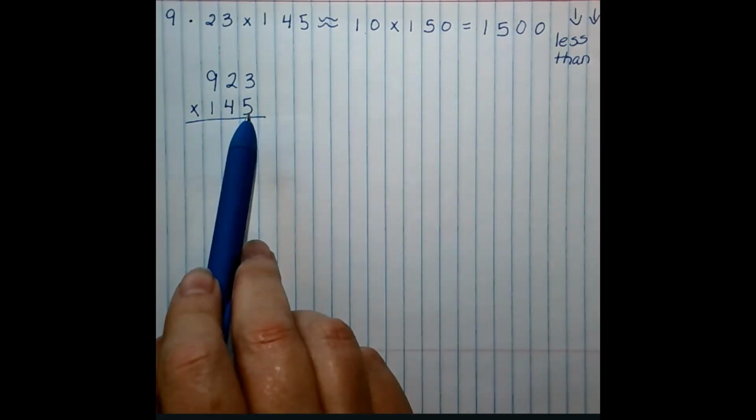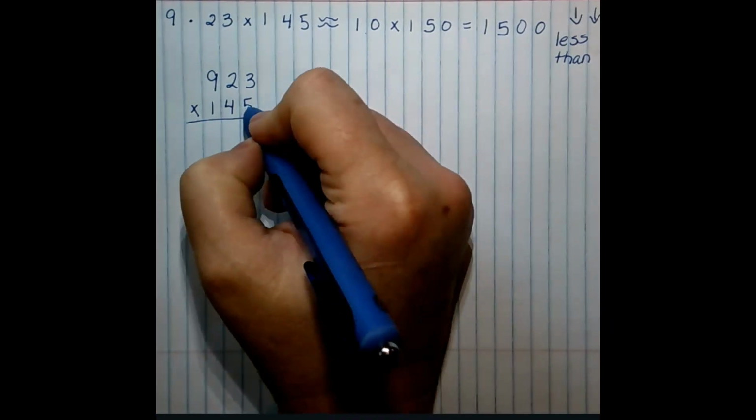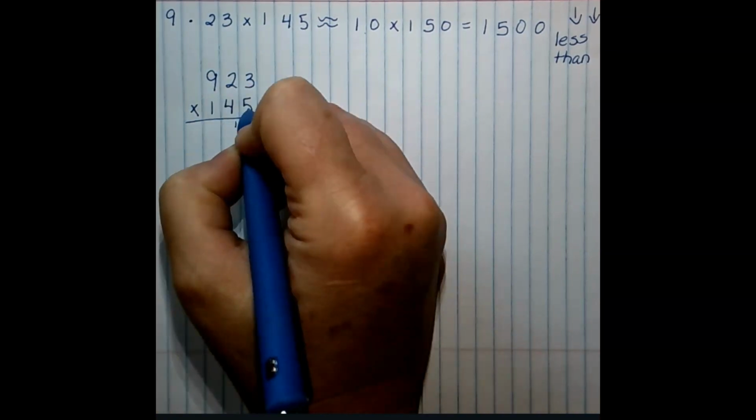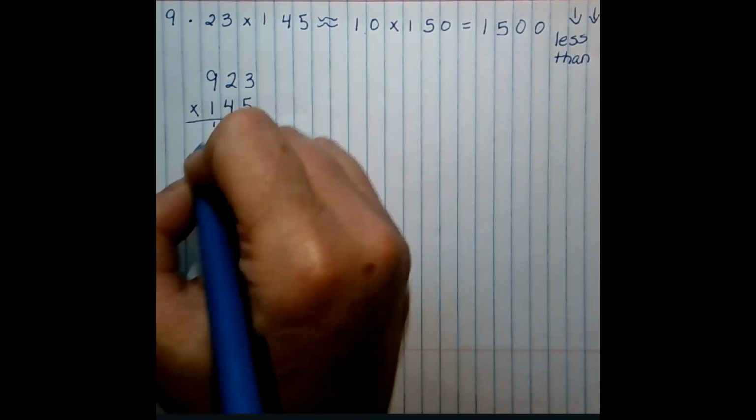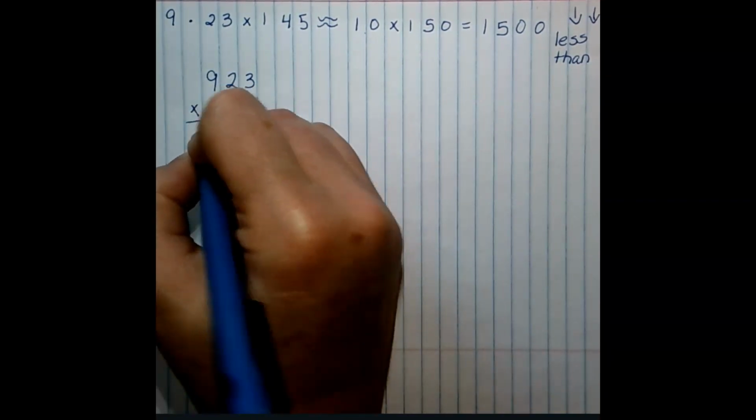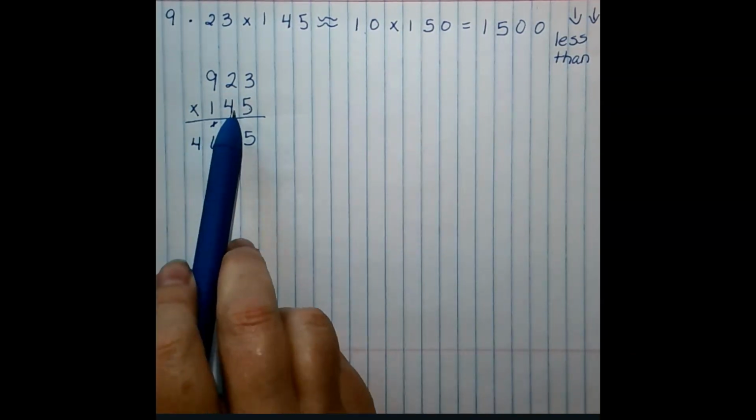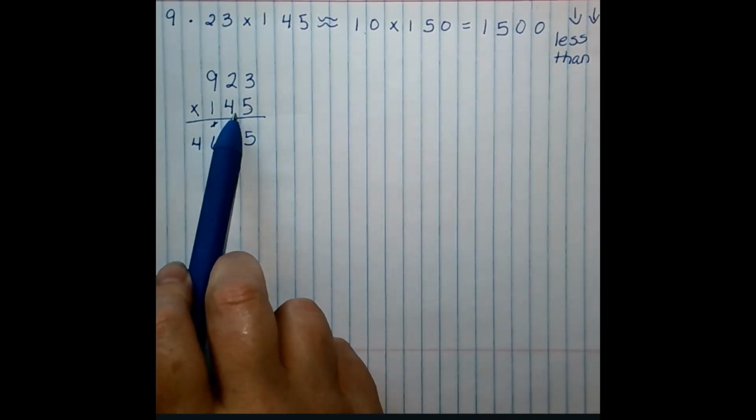The first place value I'm multiplying with is the ones place. In it, I have the digit 5. Now I'm going to multiply by the tens place. Remember, this 4 is not really a 4. It represents 40.